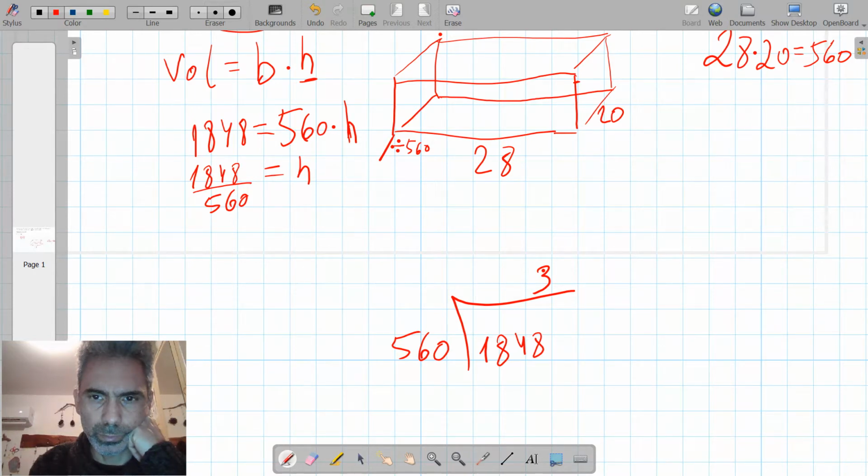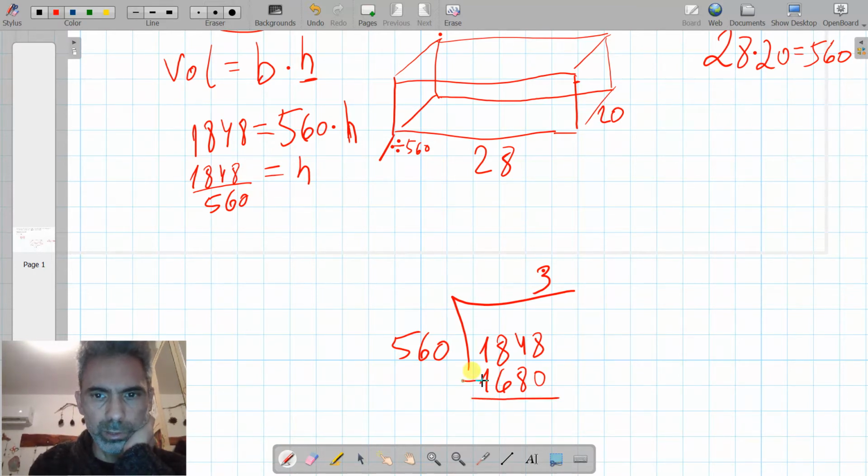3 times 500 is 1,500, and 3 times 60 is 180. So it's 1,680. 3 times 6 is 18. 3 times 5 is 15 plus 1 is 16.